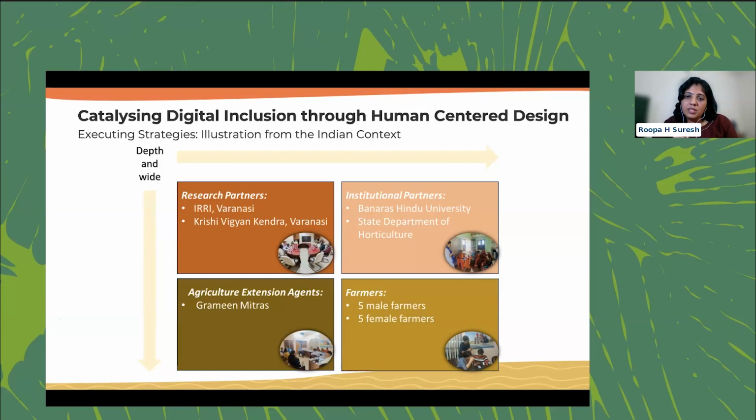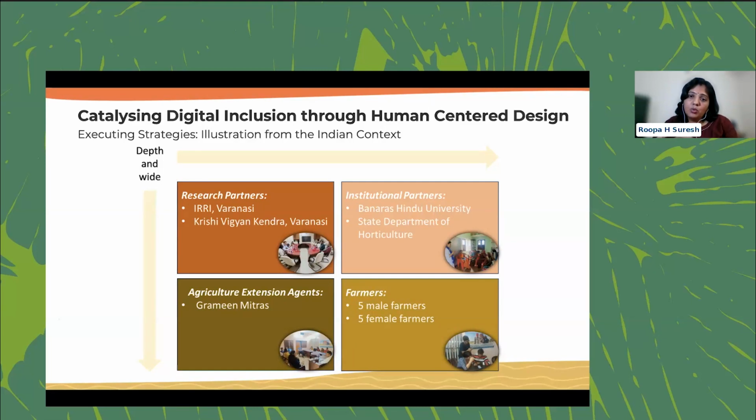This is a university which also has an agricultural college where we interacted with the social scientists from economics, statistics, and extension backgrounds, to the crop science including entomologists and pathologists. Alongside, we interacted with the state department of horticulture who have a major share in developing the policies in favor of the farming community of the state.